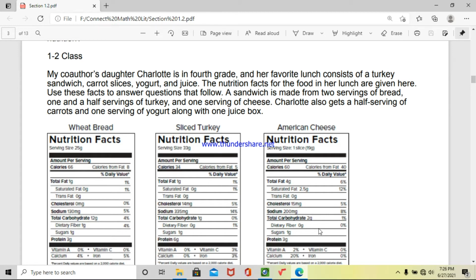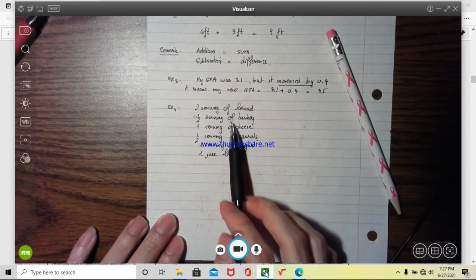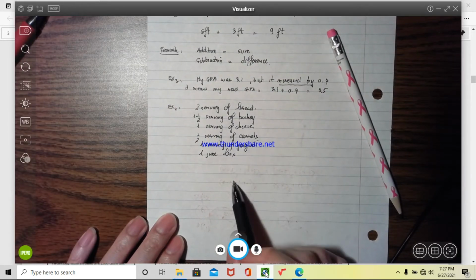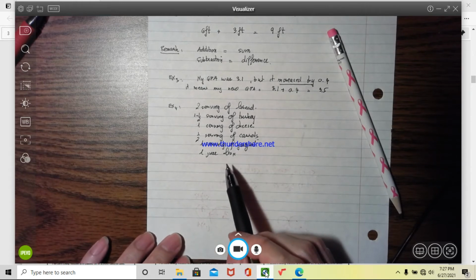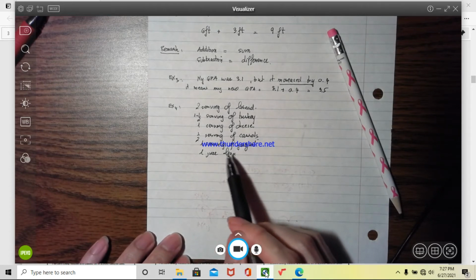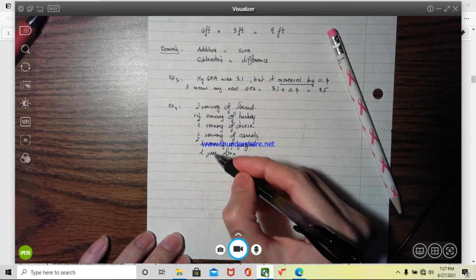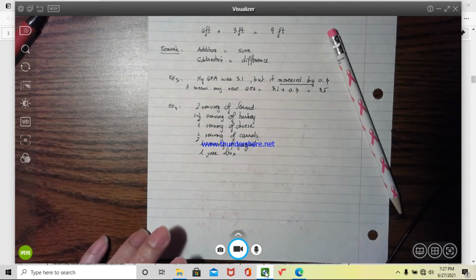And 1 juice box. So I'm gonna just write out all of the information right here. Of course I cannot write out all the numerical data, but this is important information.